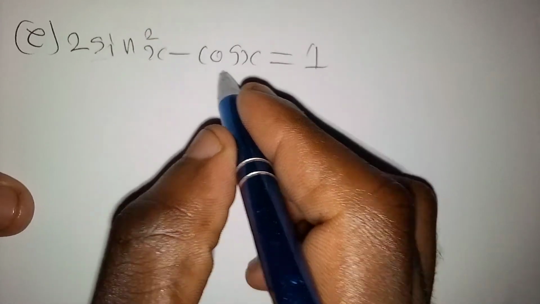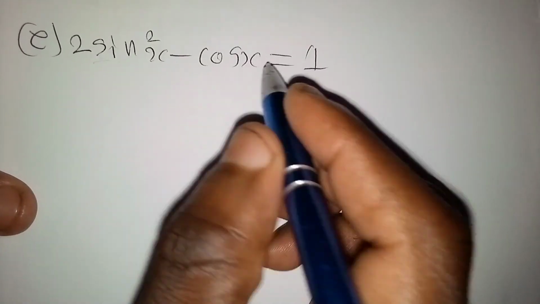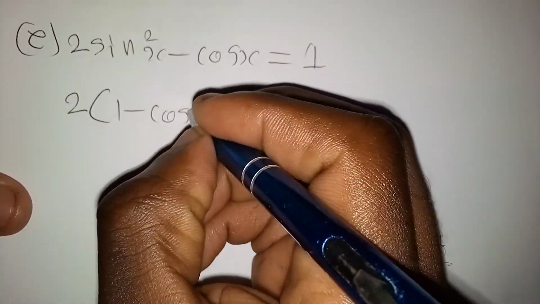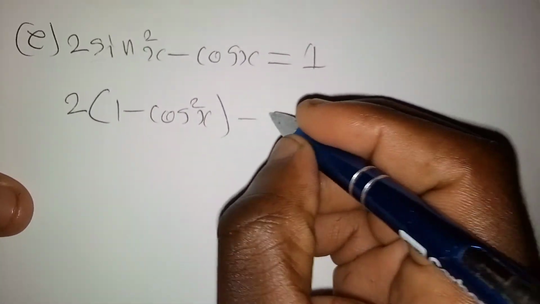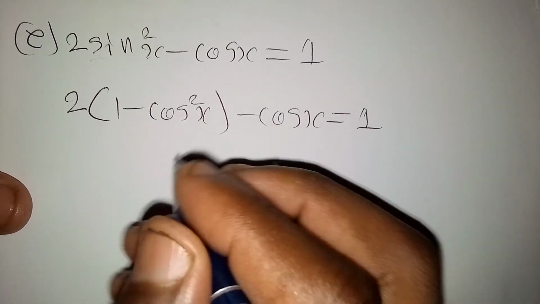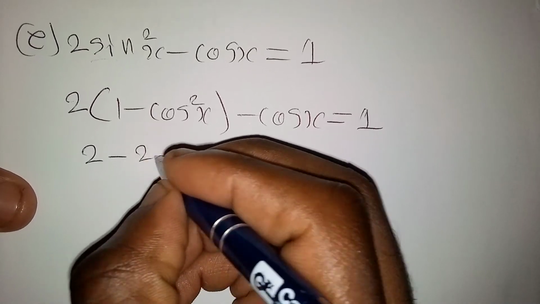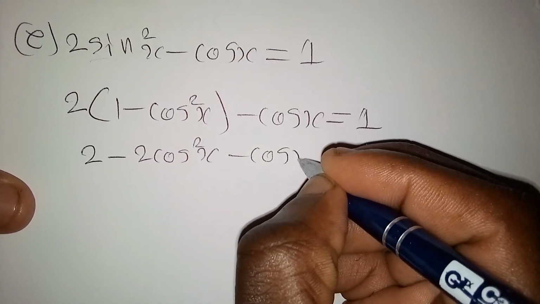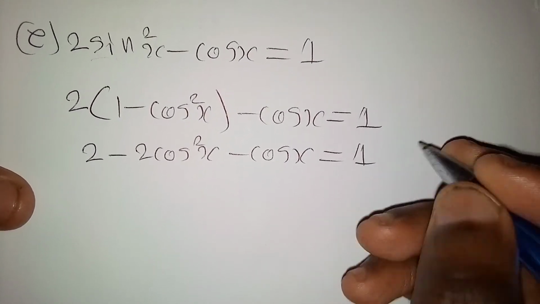Either you convert cos x to sine or convert sine to cos. So here we have 1 minus cos squared x minus cos x equal to 1, and it will be 2 minus cos squared x minus cos x equal to 1.